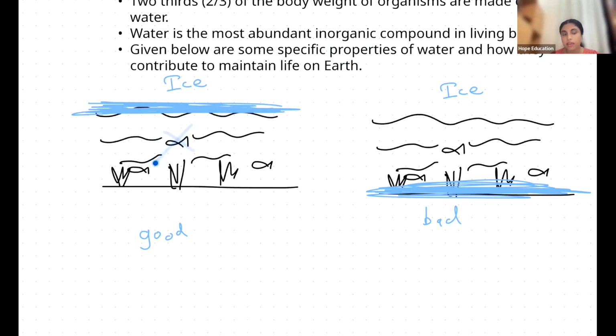But that doesn't happen. When we watch movies and documentaries, the ice looks continuous, but there are cracks. So oxygen or any other gas can go through those cracks and dissolve in water, and the aquatic organisms that need oxygen get it.